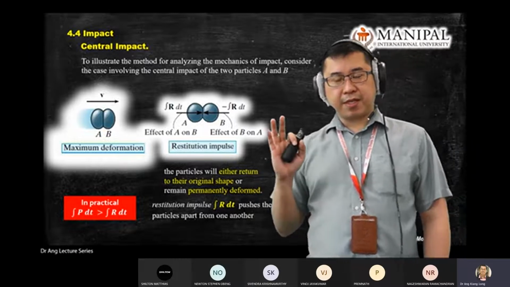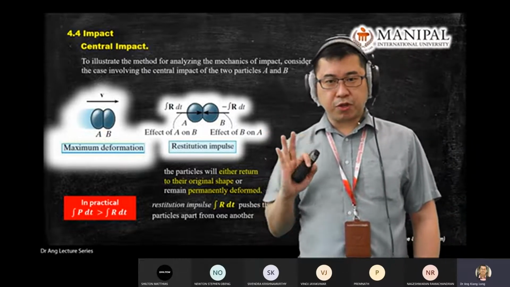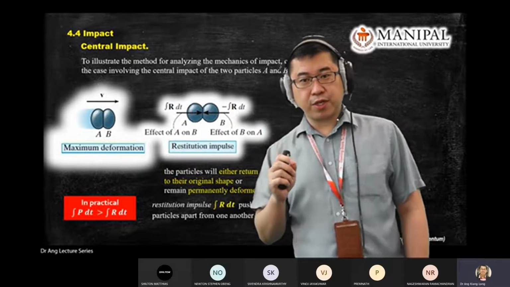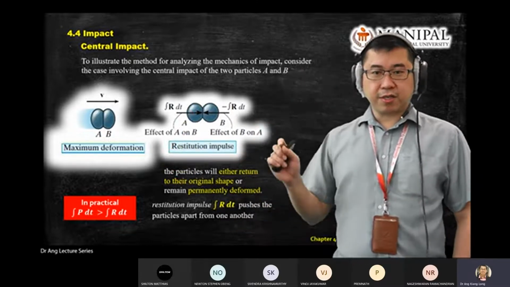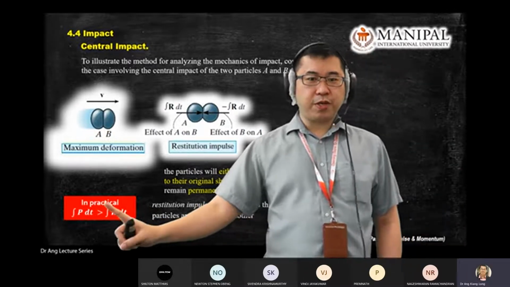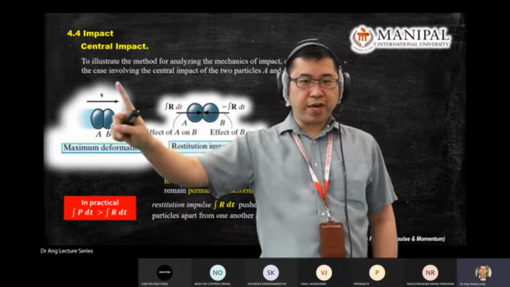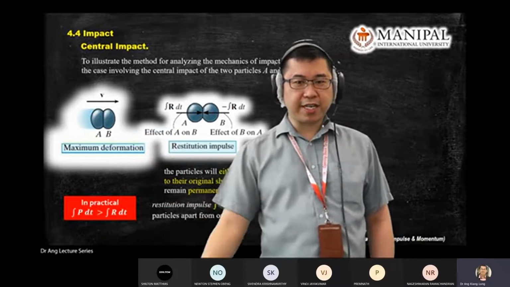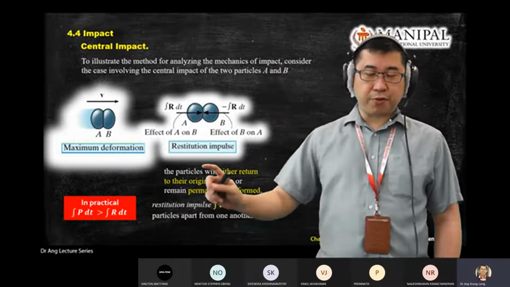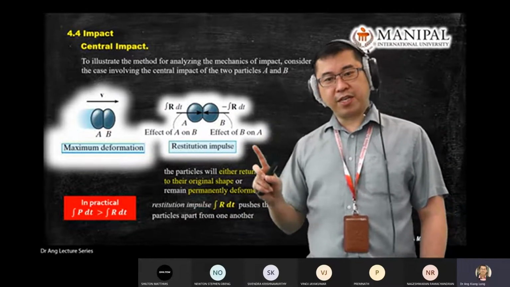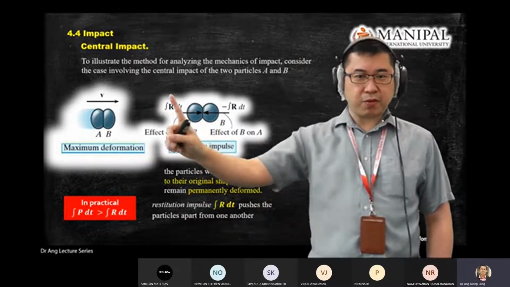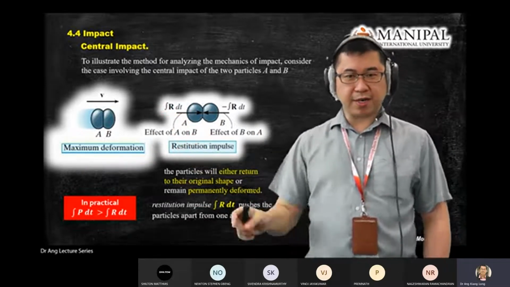Sometimes in the module, when we use conservation of energy or conservation of linear impulse and momentum, we assume before and after are the same. There's no loss of energy, theoretically. Then P will equal R in our calculation.